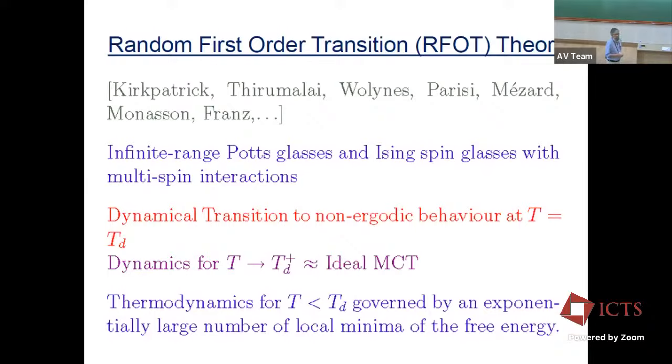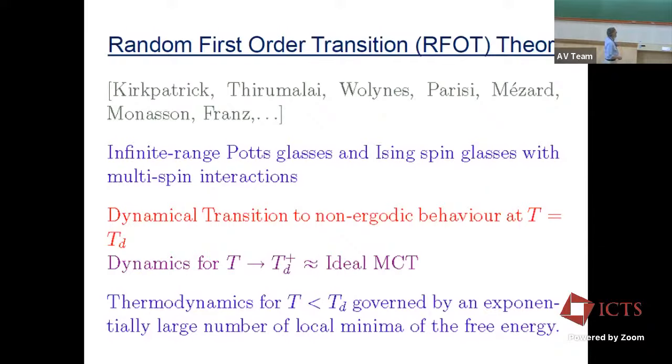One example I showed you, where you have a sigma i, sigma j, sigma k kind of interaction. And people have then worked out the behavior of these things. And there, as I said, the phenomenology is a little different from what you have in the Ising spin glass in the Sherrington-Kirkpatrick model.